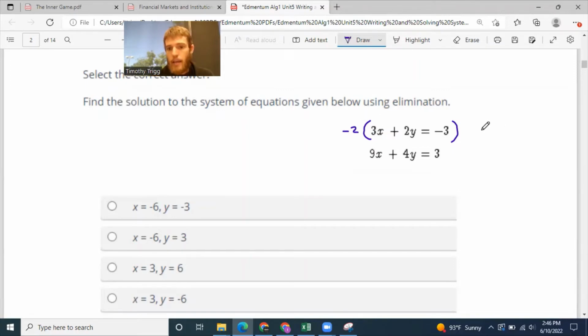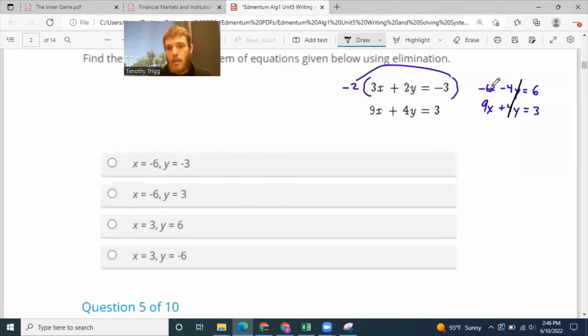So let's go ahead and distribute this negative 2 on this top equation, giving us negative 6x minus 4y equals a negative times a negative here. That makes positive 6. The bottom equation had no need to change, so 9x plus 4y equals 3. And if we did that correctly, we can see that our y's will eliminate.